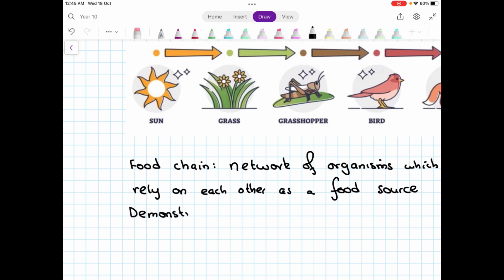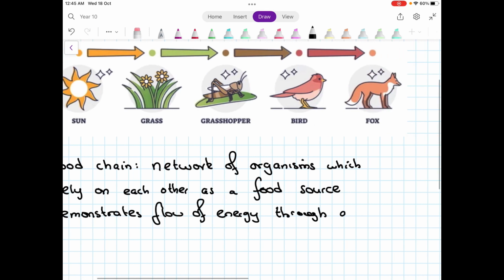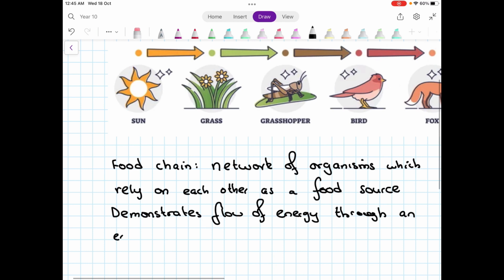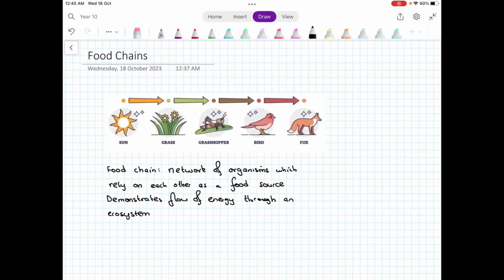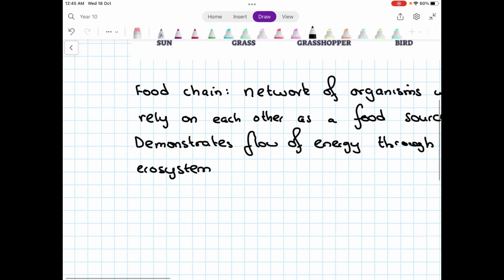The food chain, therefore, demonstrates the flow of energy through an ecosystem. And there are different stages in food chains that are known as trophic levels.